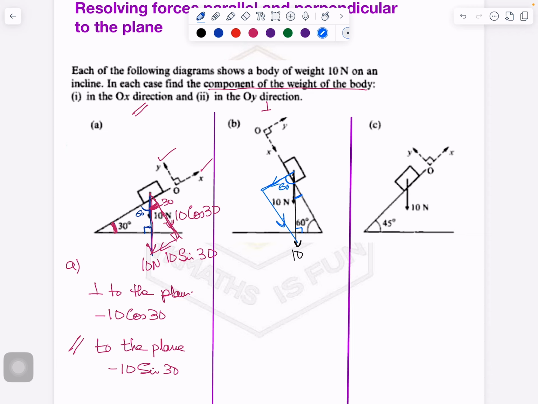So now this will be 10 cos 60. So if it is perpendicular to the plane, then it is called 10 cos 60. And if it is parallel to the plane, then it will be what?